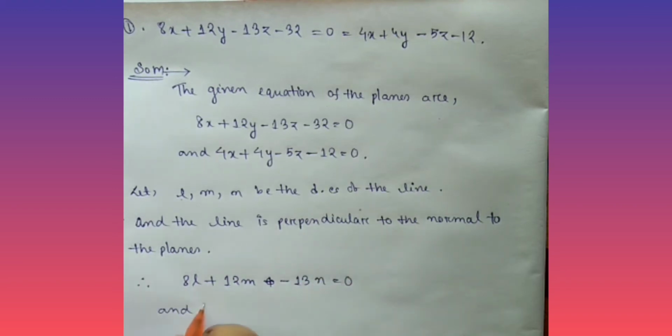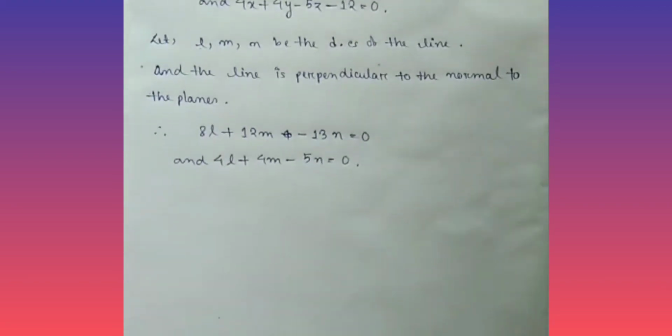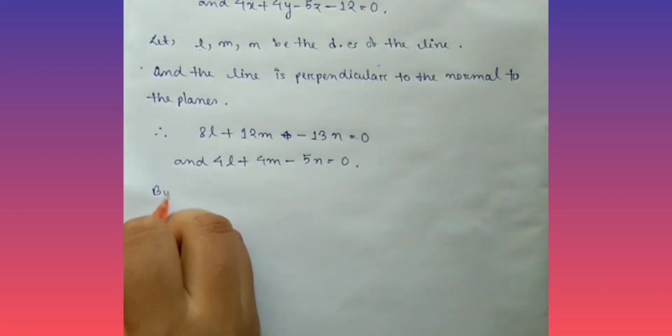By the condition of perpendicularity, we get 8L plus 12M minus 13N equals 0 and 4L plus 4M minus 5N equals 0.